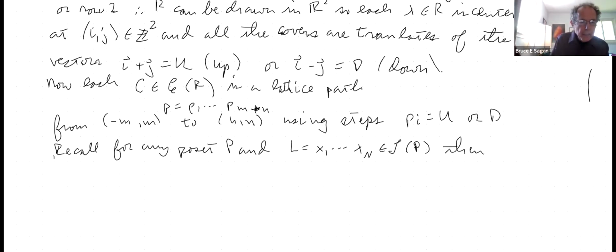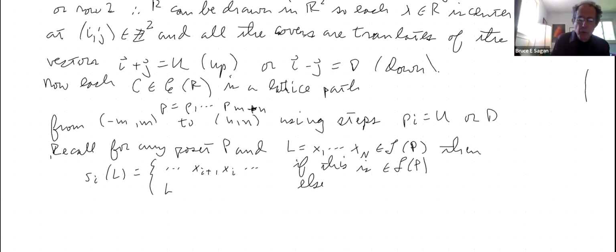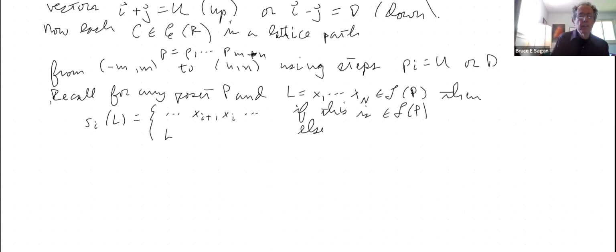If I do the ith toggle, it either switches elements i plus 1 and i if this is still a linear extension, or it stays the same if it doesn't. You can check that the corresponding thing on the path is exactly what you want. On paths, this looks exactly what you think it might look like.